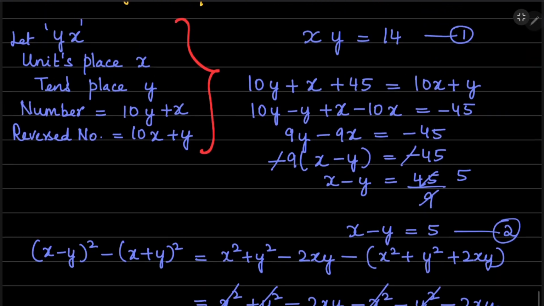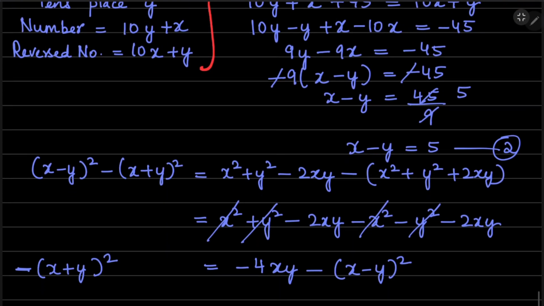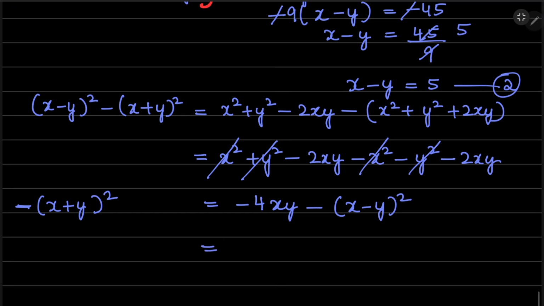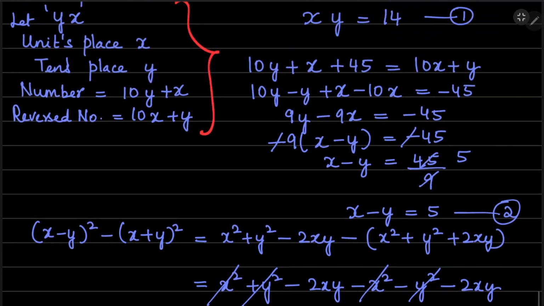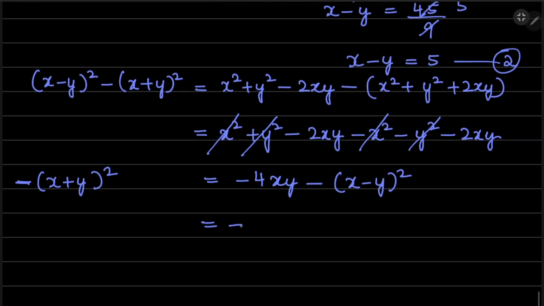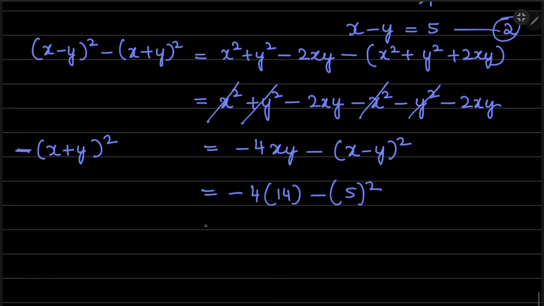Okay. We already know x minus y, isn't it? We have found out from equation 2. What is x minus y? It is 5. What is xy equal to? 14. So this is nothing but minus 4 into 14 minus x minus y, 5, the whole square. Correct? So what are you getting here? So this is nothing but minus of 4 4s are 16, 56 minus 25.